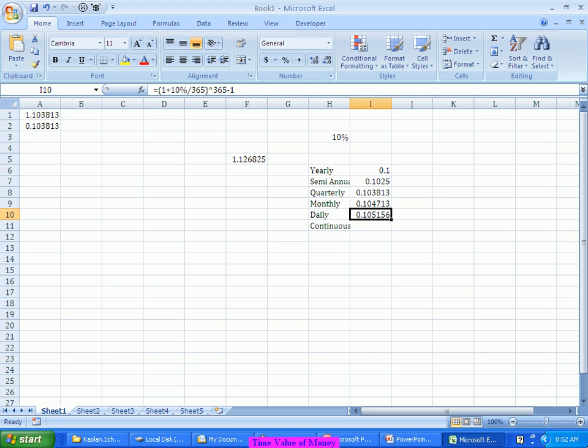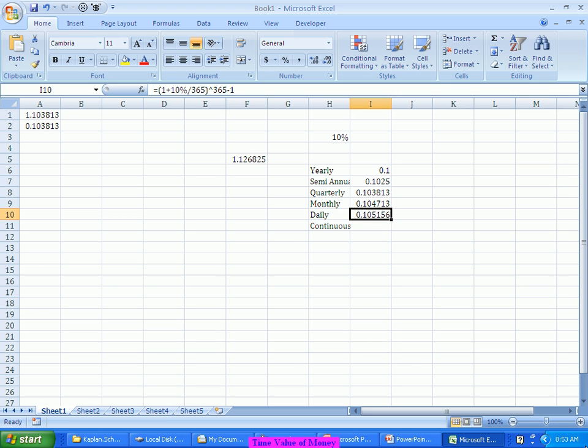Obviously there is an increase in the effective annual rate, but it is at a very decreasing rate. Now again, even more minutely than daily, if we are doing, probably called continuous compounding, probably hourly or minutely, secondly, instant kind of compounding. Probably it's like instead of 365, we take almost infinite.